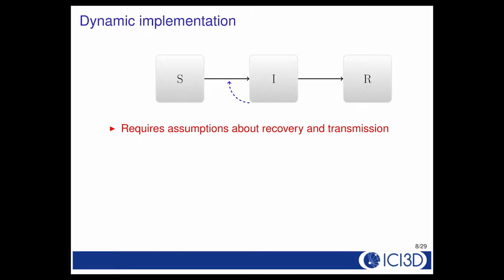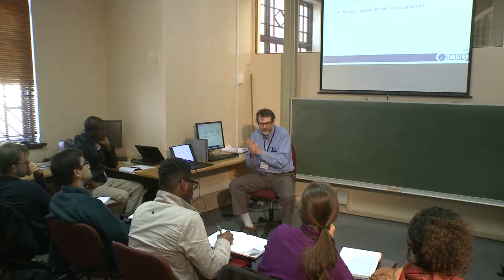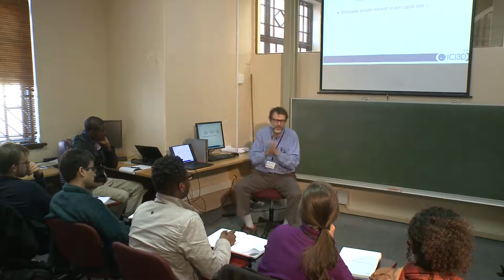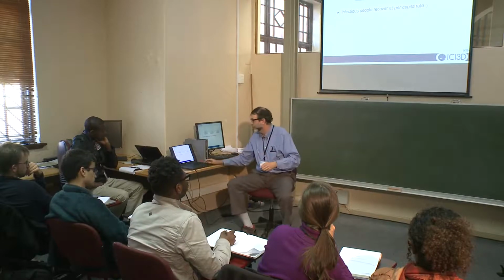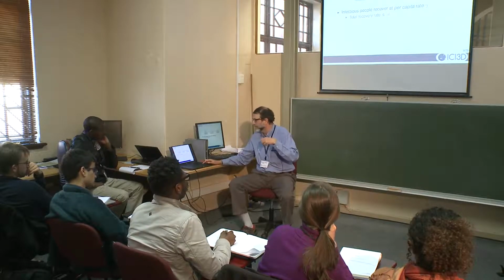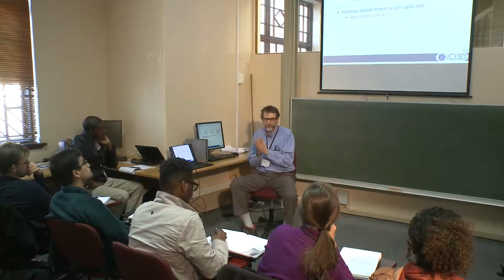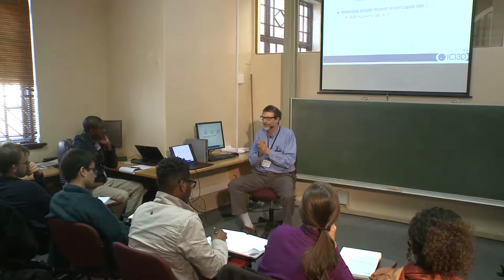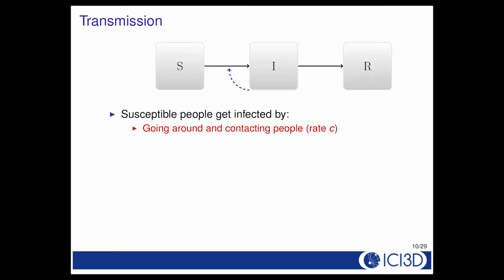So, to instantiate the model, we're going to assume that infectious people recover at a constant per capita rate, just like Steve did. So it means it doesn't matter how long you've been sick, your instantaneous probability of getting better the next second is always a constant. And that rate is going to be, by per capita, I guess everybody knows what I mean, but I mean per person, right?